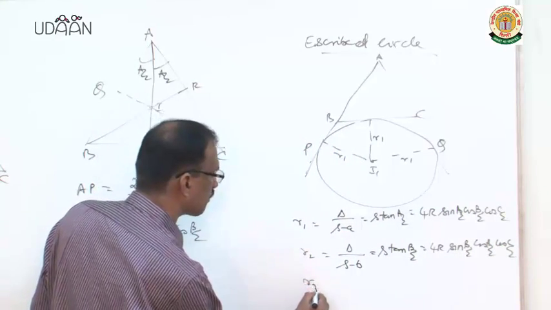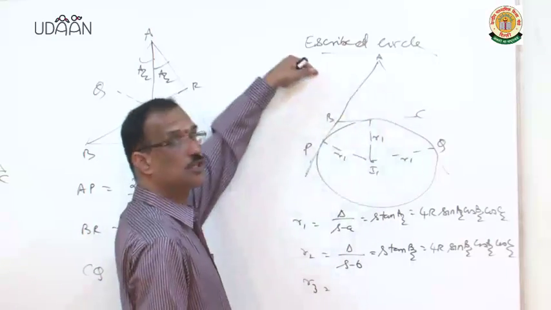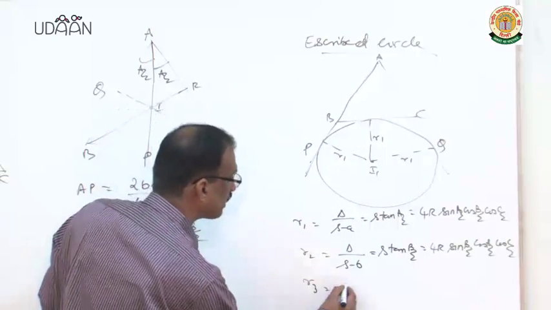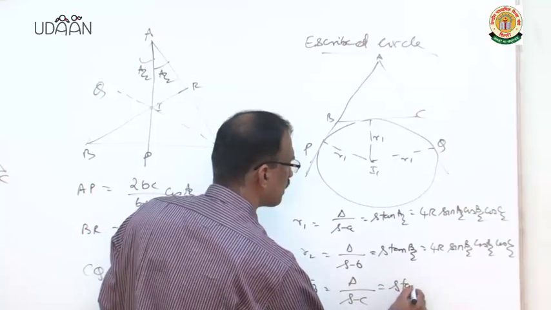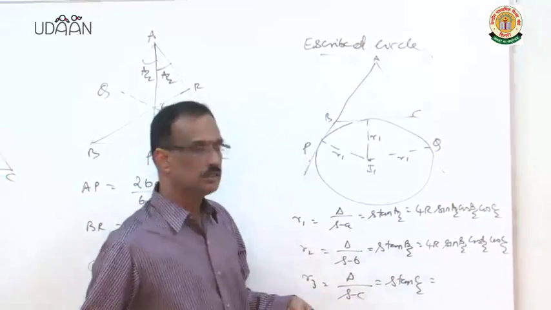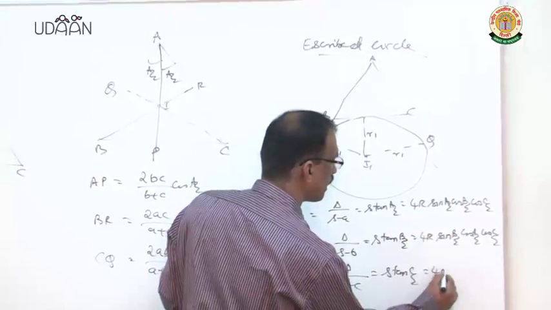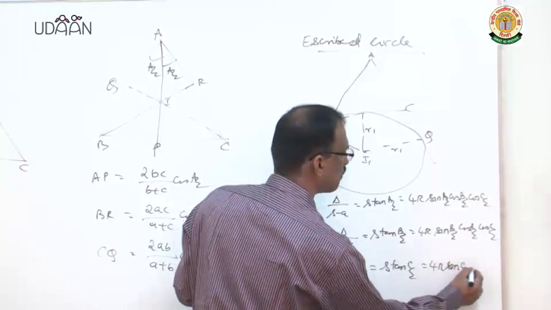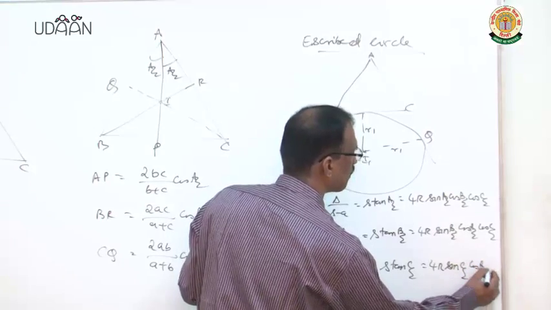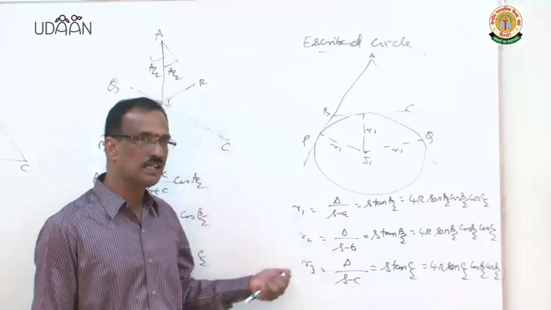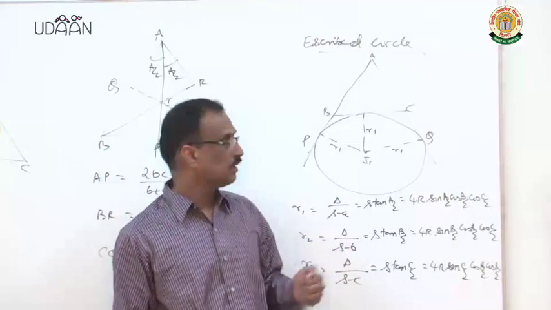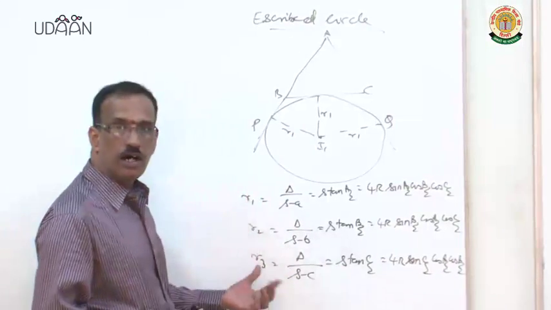Then R3, that is another circle opposite to angle C. That gives us del by S minus C, S tan C by 2, that is equal to 4R sin C by 2 cos A by 2 cos B by 2. So these are the relations. Now, we got R1, R2, R3.